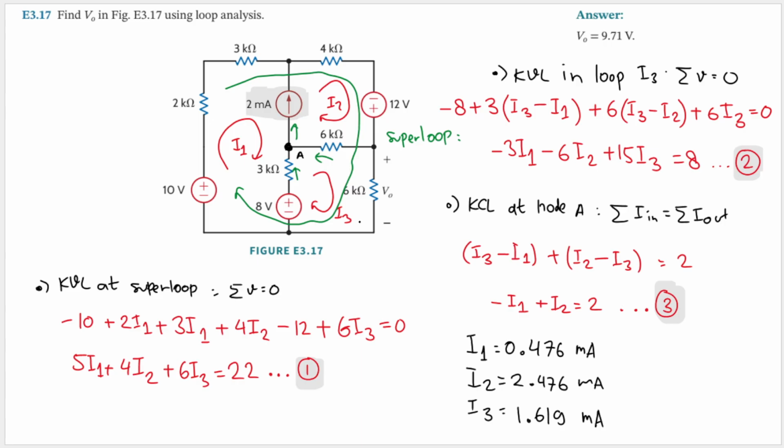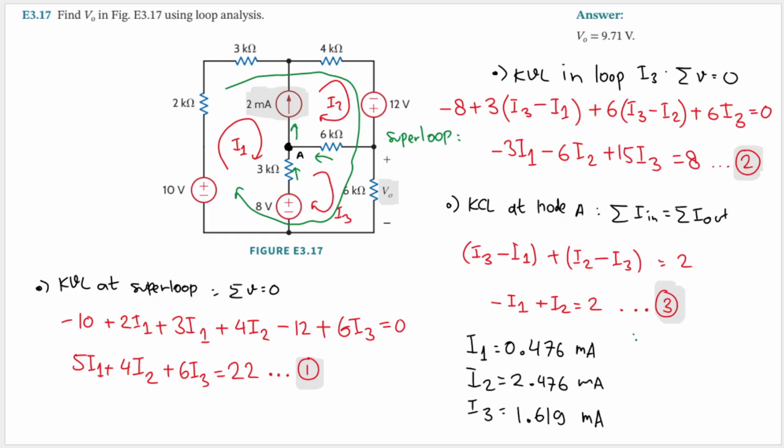However, the question does not ask about all of that, but it's asking about V0. So we can use Ohm's law to do that. V0 is just the 6 kilo ohm multiplied by I3.